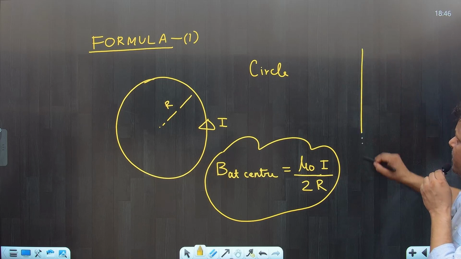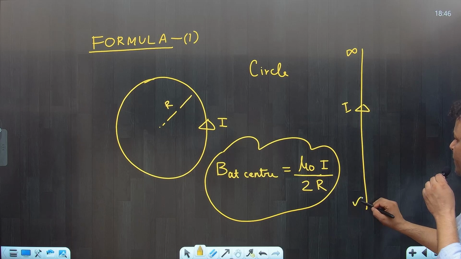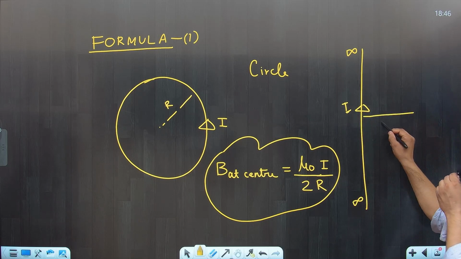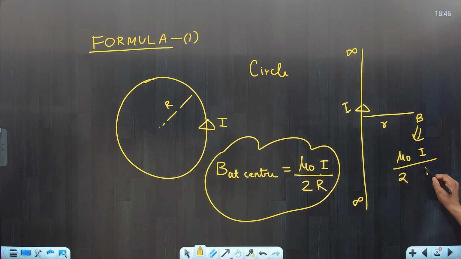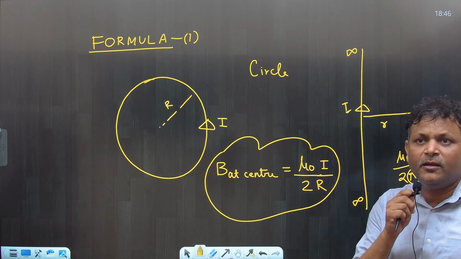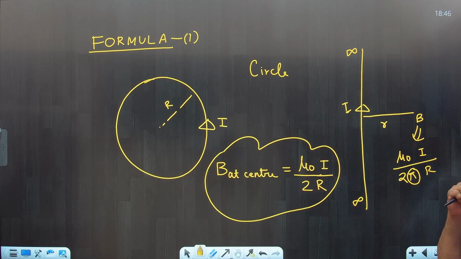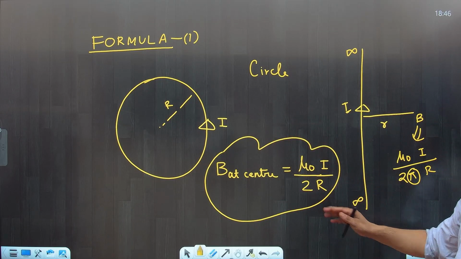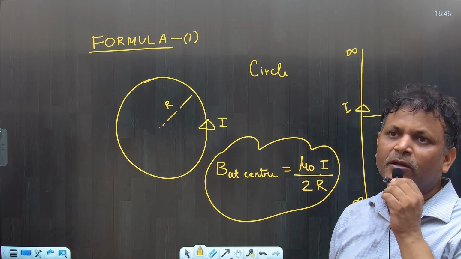In future you will learn that there is an infinitely long wire, and you want to calculate magnetic field at point P. That formula is mu naught I by 2 pi R. The same formula, but the difference is the pi there. So in case of this circular ring having current, there is no pi in numerator or denominator. So it is very important to learn that magnetic field at center is mu naught I by 2R.